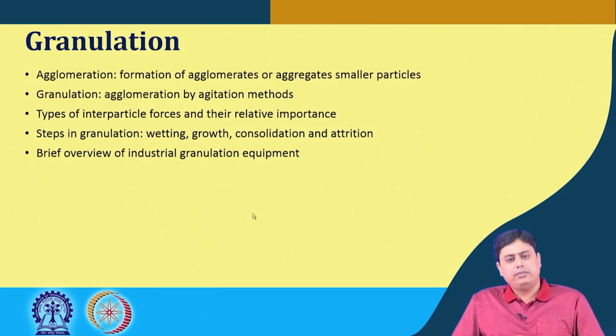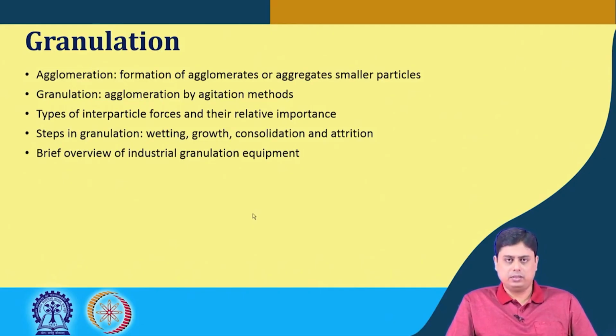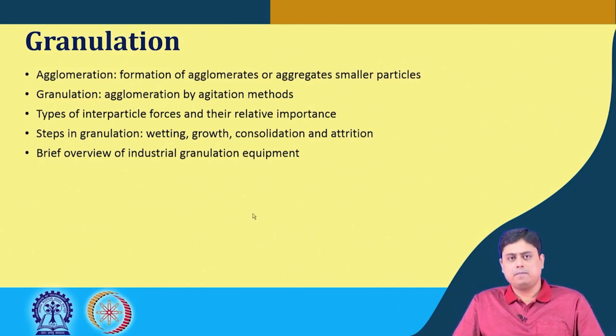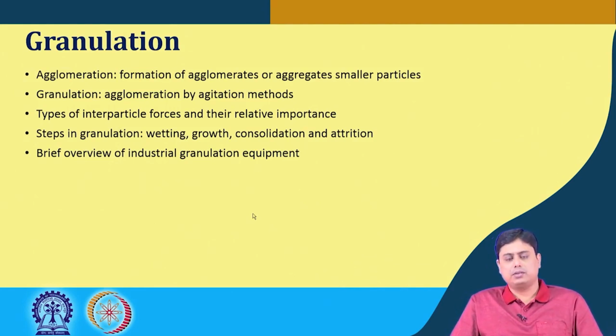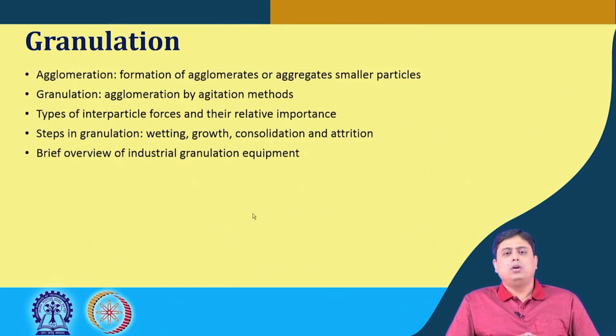There are different steps in the overall granulation process, like wetting, growth, consolidation and attrition. These are the steps we will see in brief detail, and we will go through a brief overview of industrial granulation equipment to complete our section. So again, as a size enlargement process, we will mostly focus on granulation, which is agglomeration by agitation.